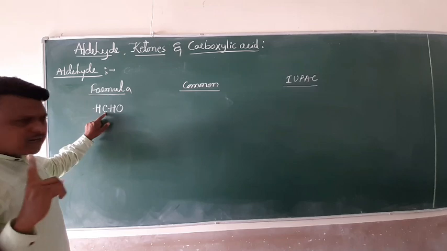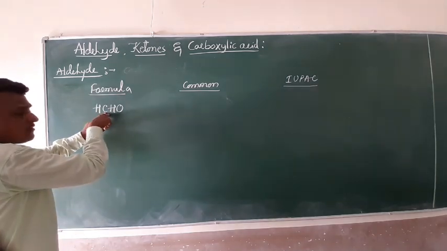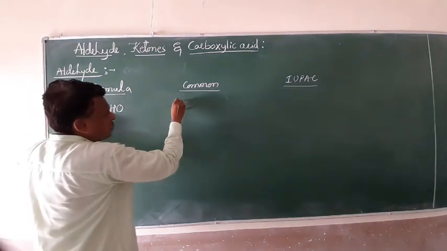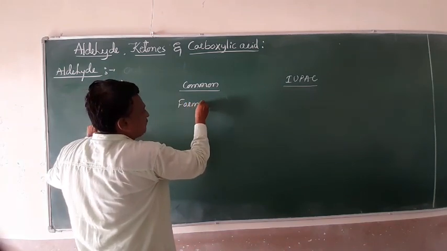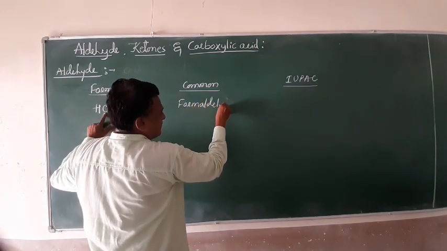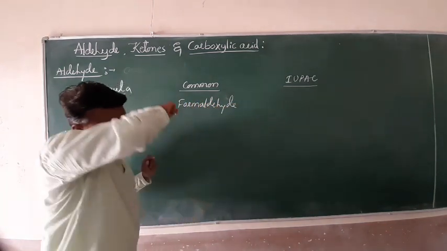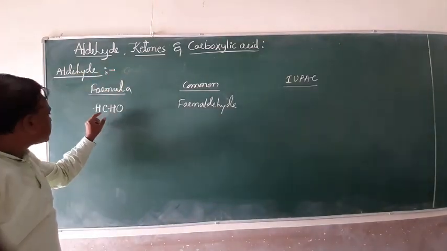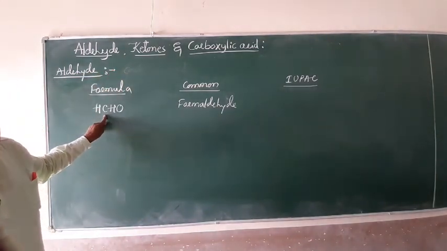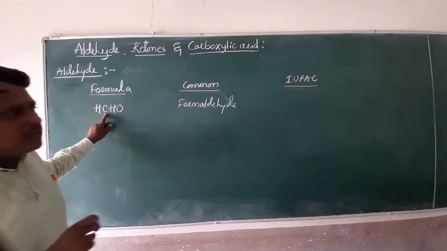HCHO contains one carbon because it is derived from formic acid. The common name of this compound is formaldehyde. It contains only one carbon atom, because one carbon is methane.